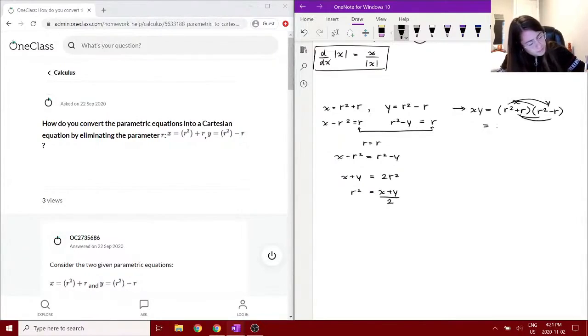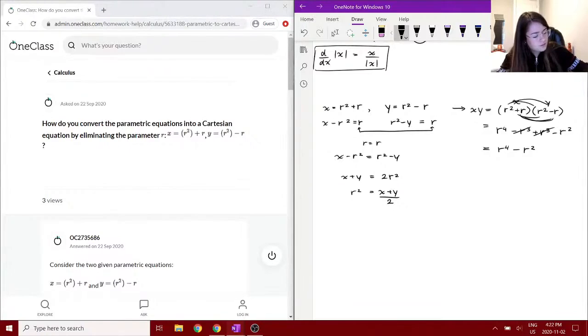So r to the 4 minus r cubed plus r cubed, and the last one here is minus r squared. The r cubes cancel each other out because we have plus and minus, and we're left with r to the 4 minus r squared.